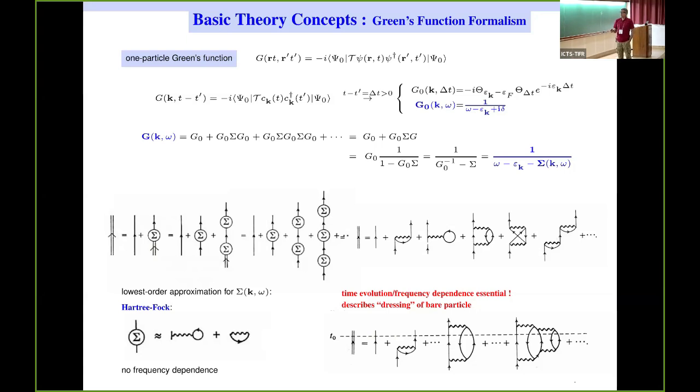These are important diagrams, but you easily realize this is a very simplistic approximation to your self-energy in the end, because you just take the first order diagrams. There's also a limitation that you see they do not really have a time dependence or frequency dependence. They have a bit of extension in frequency, but this is just an artifact of the simplistic scattering events, which we will not discuss in detail.